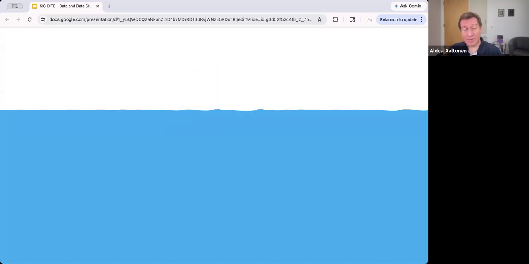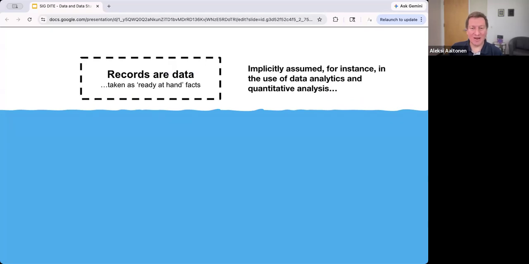Sometimes I use this to make sense of data studies. This is another attempt, which is what I call the iceberg of data studies. So above the waterline is typically what we see from data, how we understand it as records, mapping back to Marta's slide, which can be taken as ready-at-hand facts, representations of things out there.